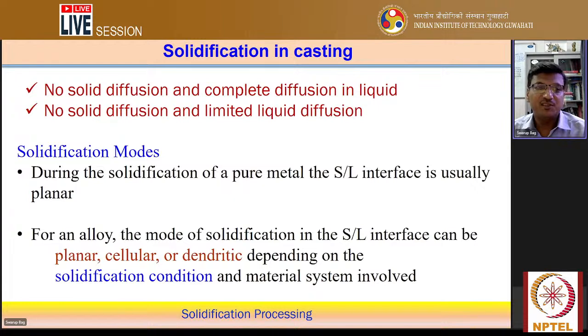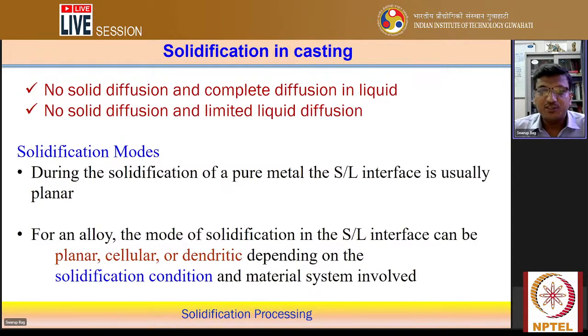Now, the solidification modes in an alloy system. During the solidification of a pure metal, the solid liquid interface is usually planar, gradually moving as a plane. Perturbation may occur in the planar interface depending upon the stability of the solid liquid interface.